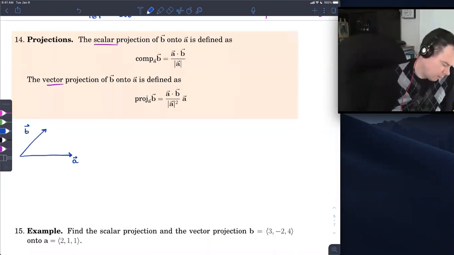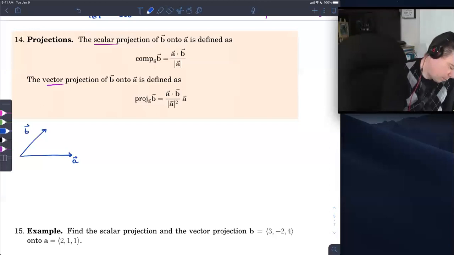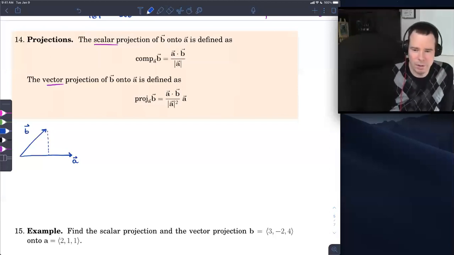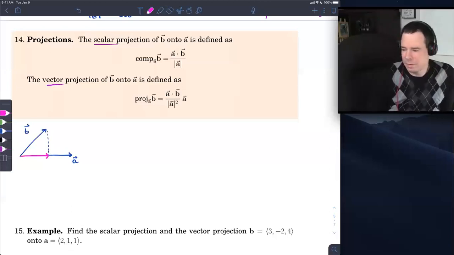Once I have this picture drawn, what I could ask is, how much of B is pointing in the same direction as A? That's equivalent to saying, if I was to take B and look at the shadow that it casts on A, if I was to shine a light from above, then this pink vector represents how much B is pointing in the direction of A.